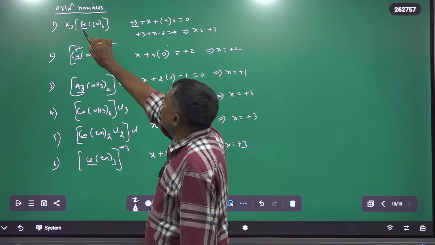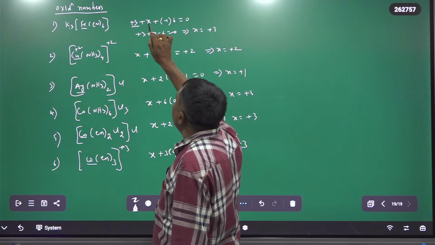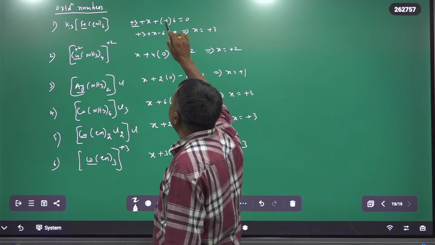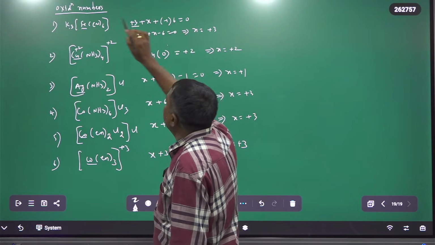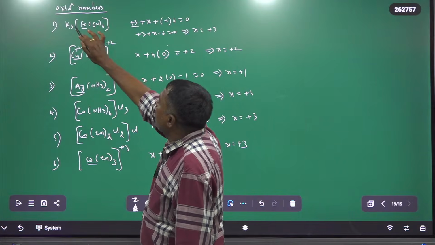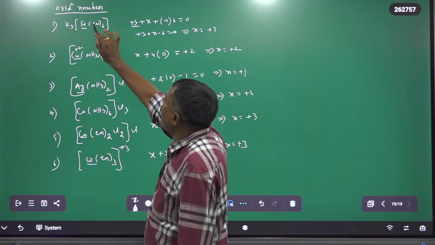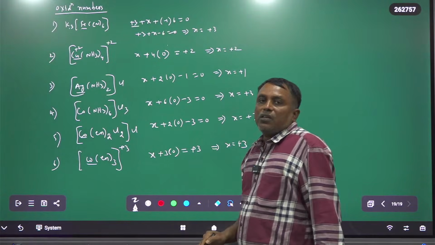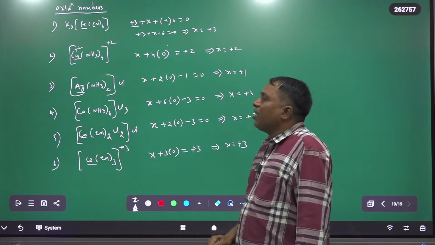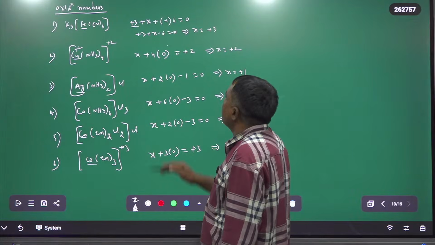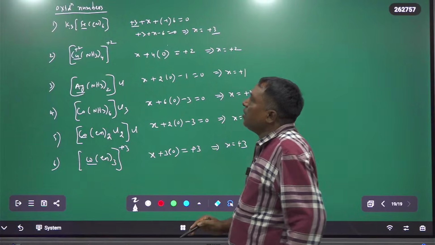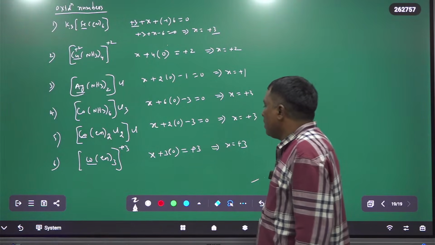The Fe you consider as X. Each CN is a minus 1 ion, and there are 6 CN minus ions, so minus 1 into 6. Now you add all these. The sum of oxidation numbers of all the elements must be equal to 0. During determination of the oxidation number of the central atom, you will get +3. So this is the way to calculate the oxidation numbers.